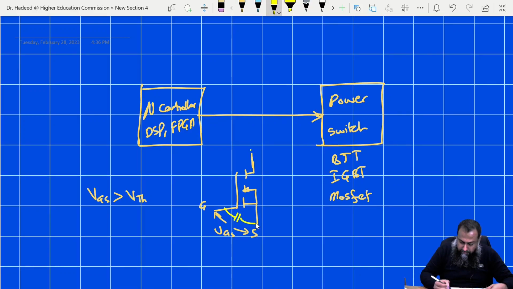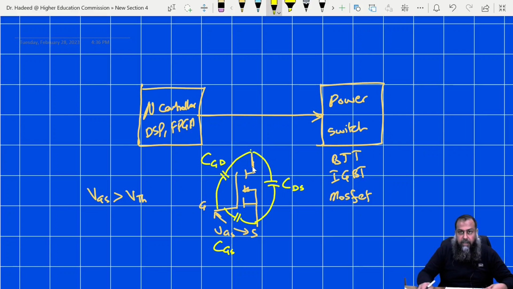For example, we have a junction capacitance between the gate and the source, which is known as CGS. Then we have a junction capacitance between the gate and the drain. And then we have the junction capacitance between the drain and the source. Among these three capacitances, the input capacitance consists of the gate to drain capacitance and the gate to source capacitance.